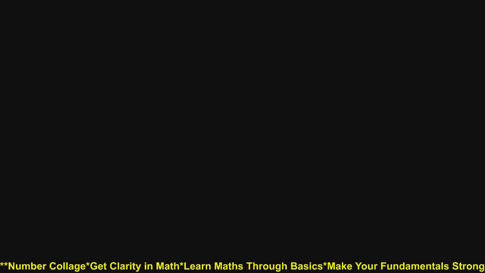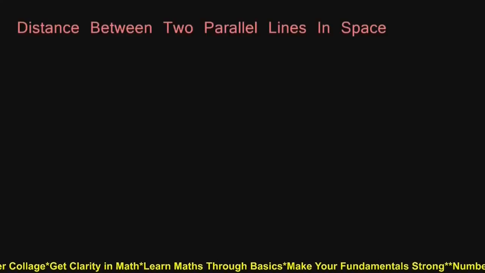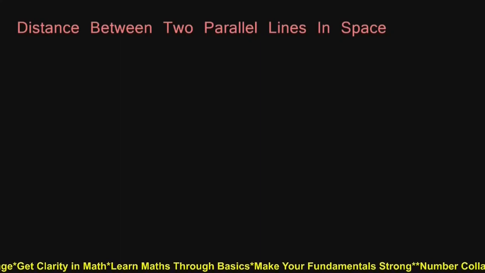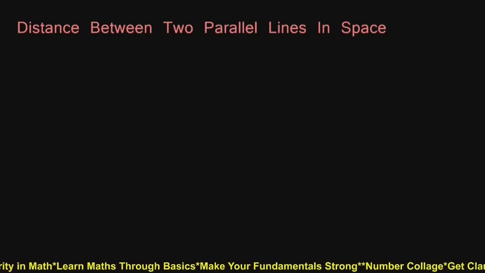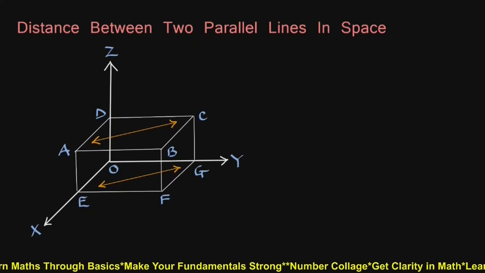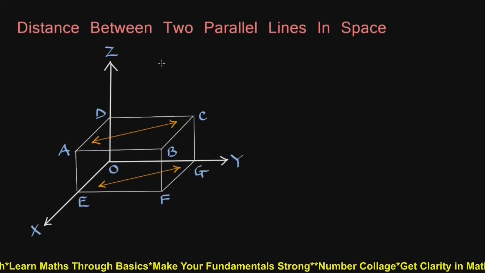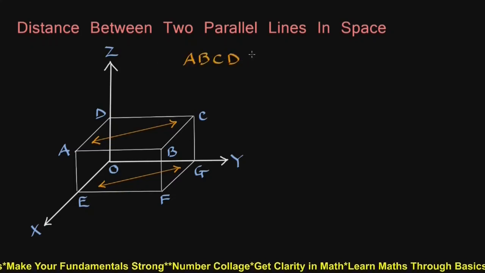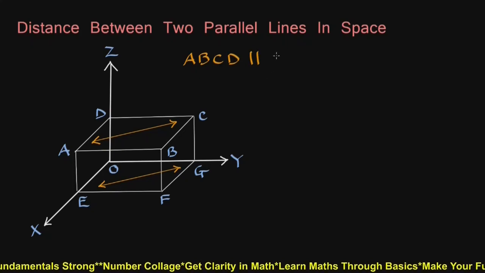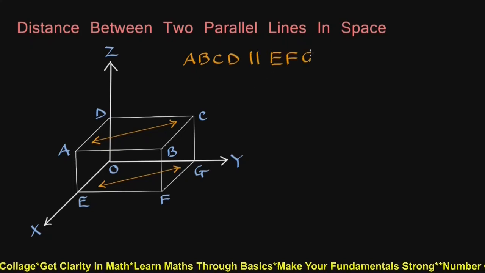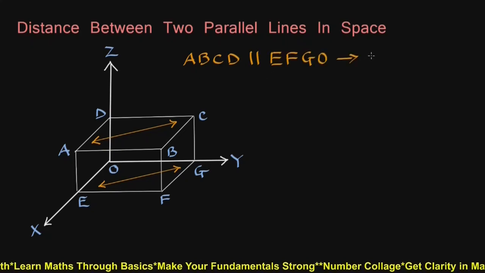Now we will see how to find distance between two parallel lines in space. For that, let us consider this figure in which the top plane ABCD is parallel to the bottom plane EFGO in any cuboid.